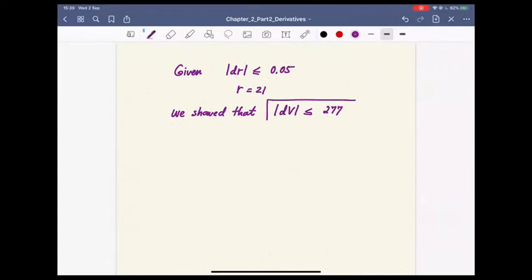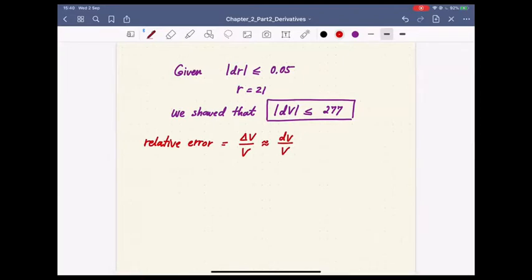Sometimes this number is hard to interpret because you don't know how much it is compared to the original. So sometimes we define what we call relative error. Relative error is delta V over V, and that is approximated by dV over V.